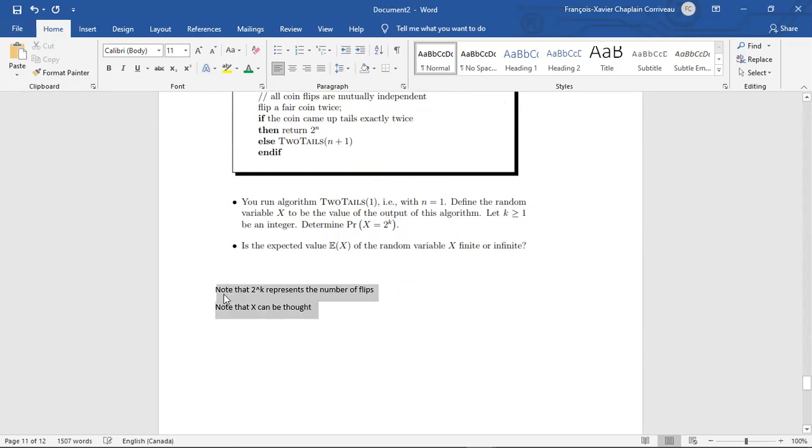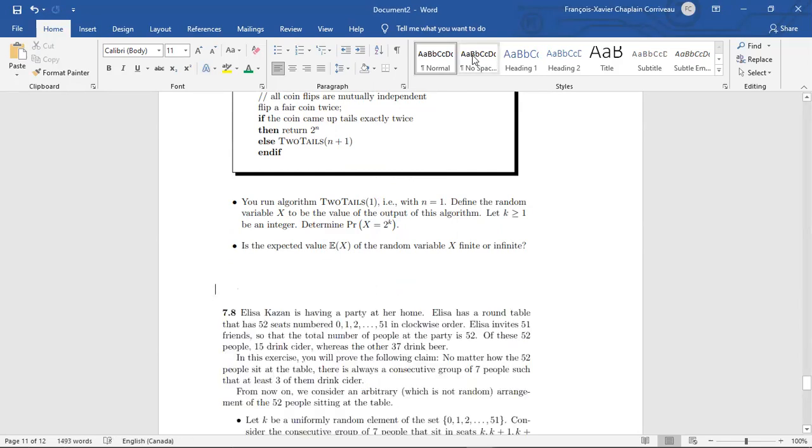So here, maybe a nice answer would be to just say, okay, the probability that x is equal to 2^k is equal to the probability that there were exactly k rounds for this algorithm to determine it.